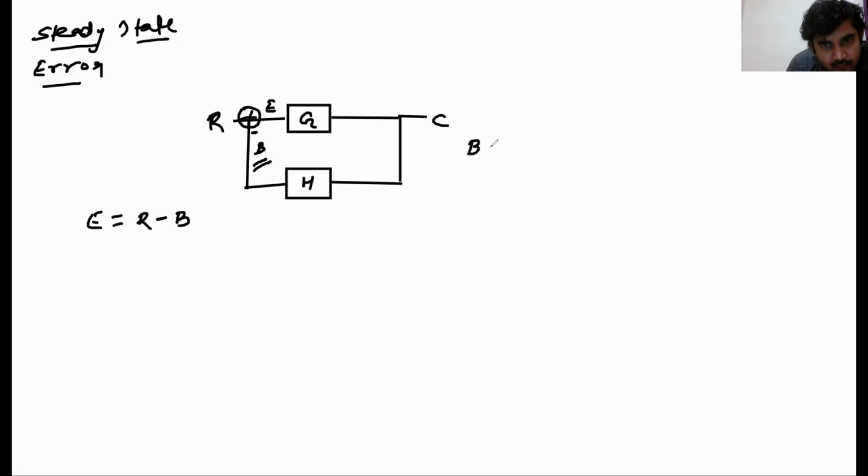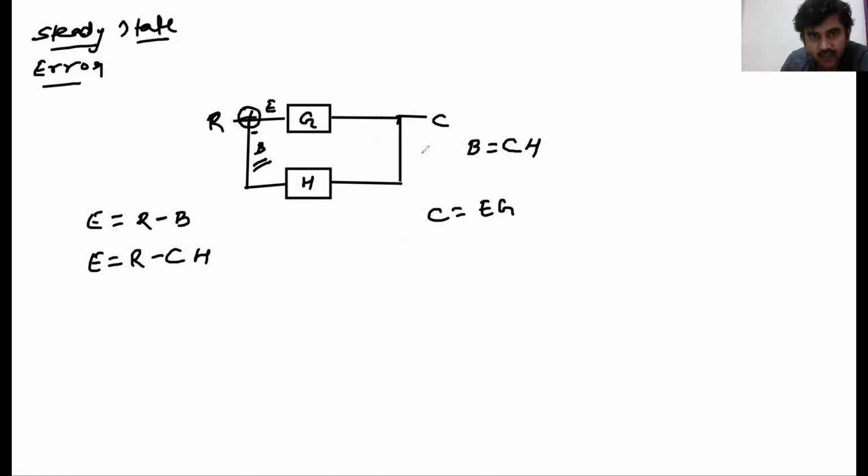B is equal to C into H, because here C is taken out and it is multiplied by H. And if we put B equal to CH, now what is C? C is equal to E into G. Here you can see the basic block diagram equation: E into G equals C.